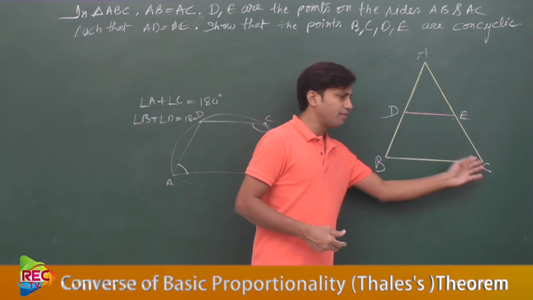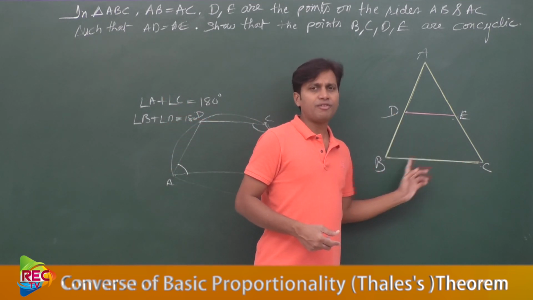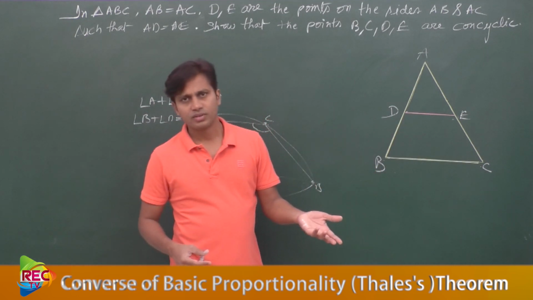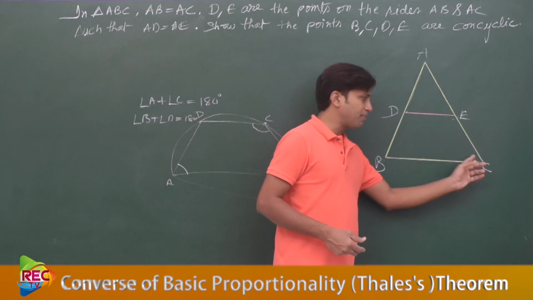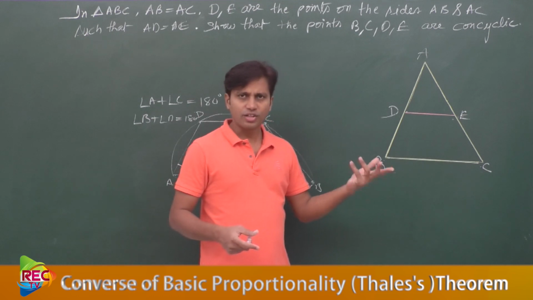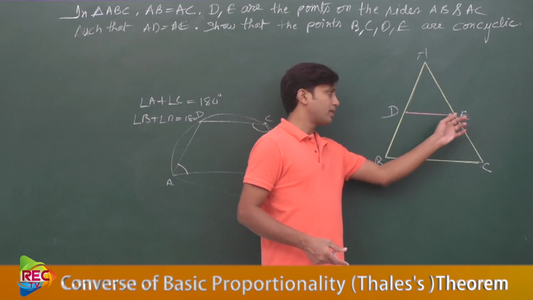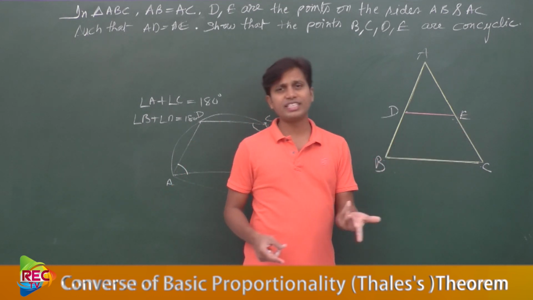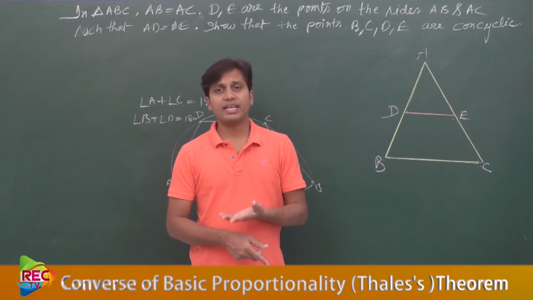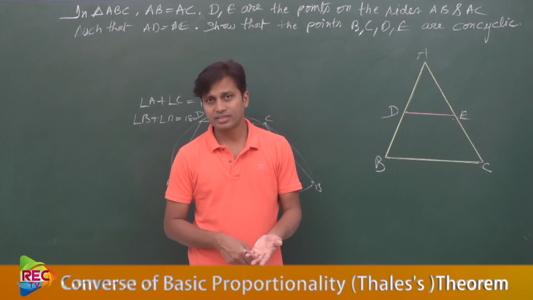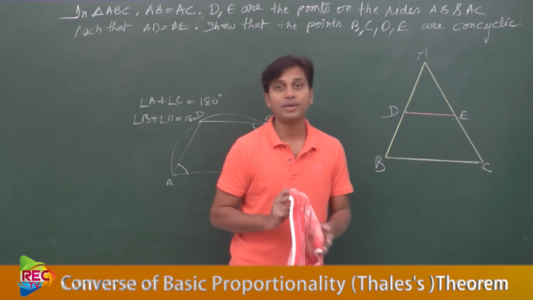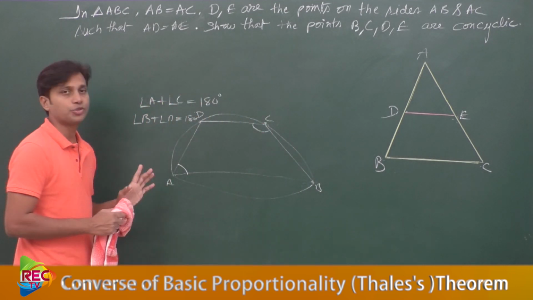If you show one of them, the other one will obviously be correct. If you show that angle C plus angle D equals 180 degrees, then obviously the opposite pair also will be 180 degrees because the sum of the angles in a quadrilateral is 360 degrees. Understood? Okay, so I think you might have understood what we need to show.